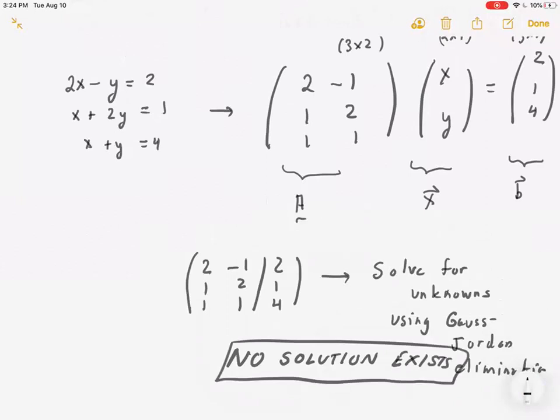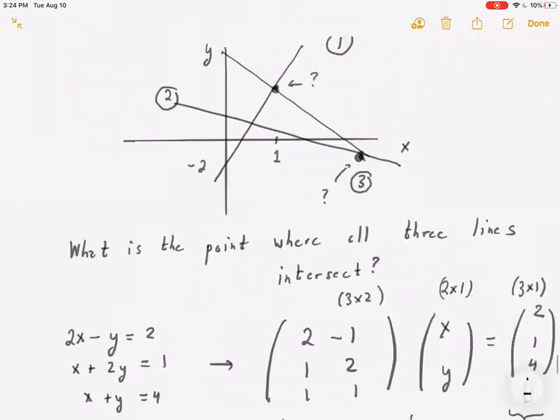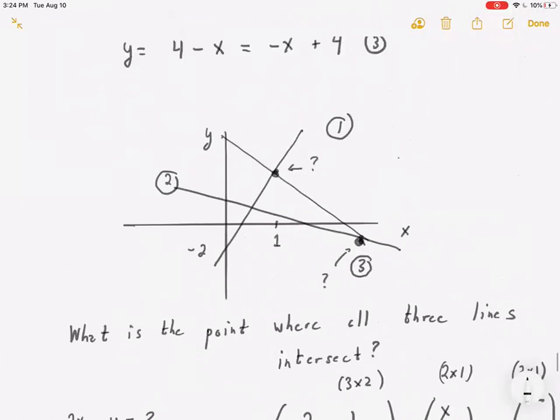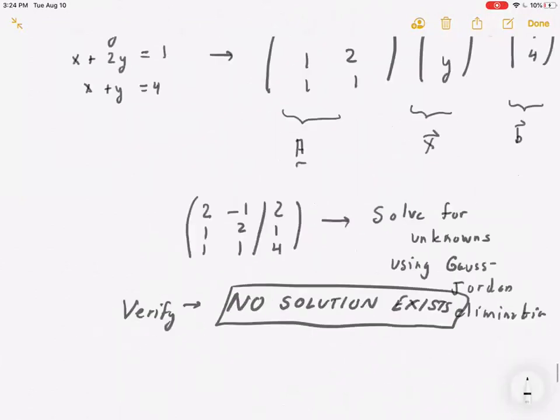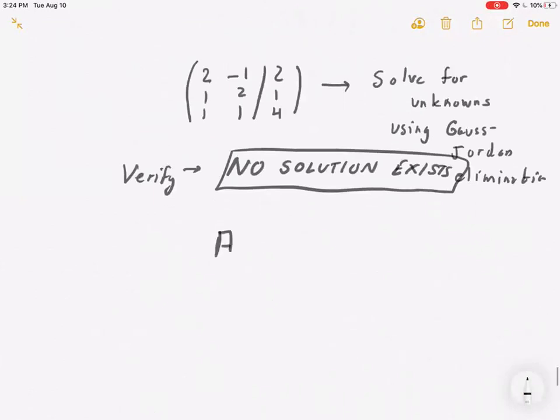I'll leave it up to you to verify this. But I didn't have to go through all that work. If I just look at this plot, I can see that these equations will not have a common intersection point. So this system of equations has no solution.